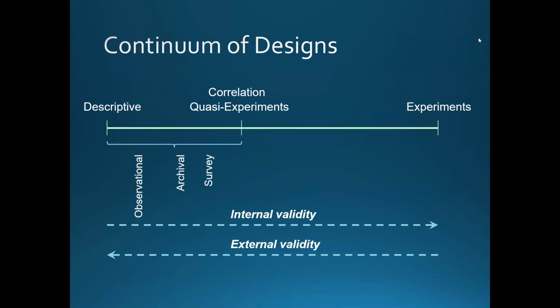Like, be able to tell me that. And as we can see here, experiments have high amounts of internal validity because we are tightly controlling things. But like I just said, their external validity, there's a trade-off. Highly controlled studies may not be as applicable to the real world, aka they have low external validity.